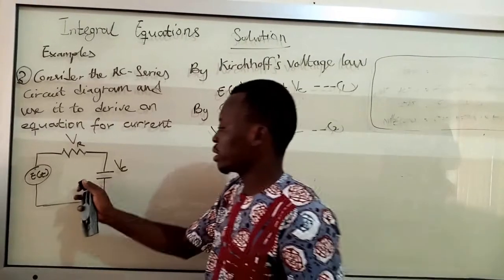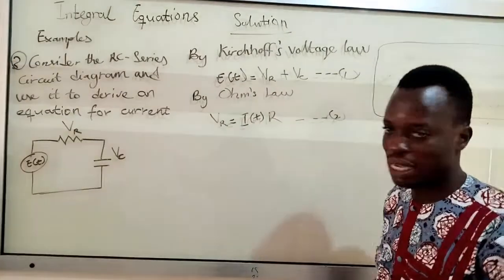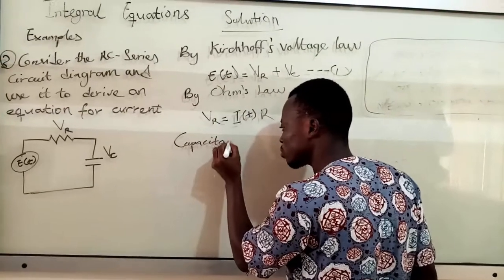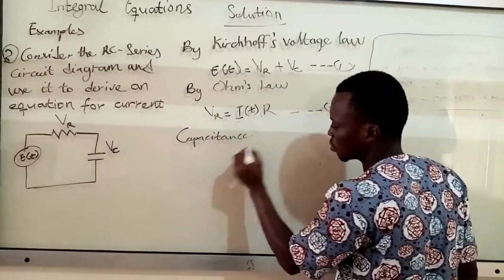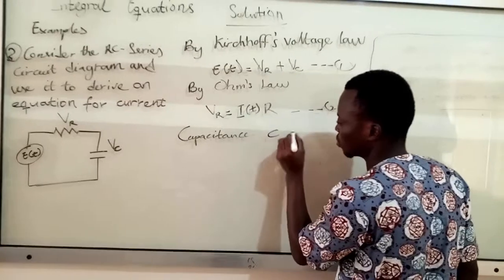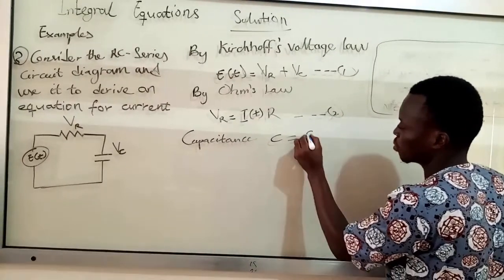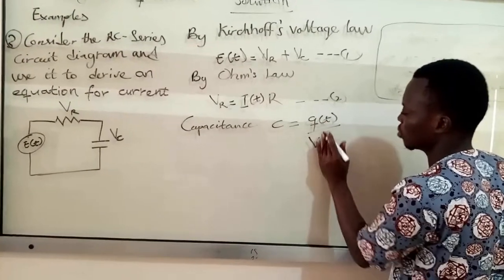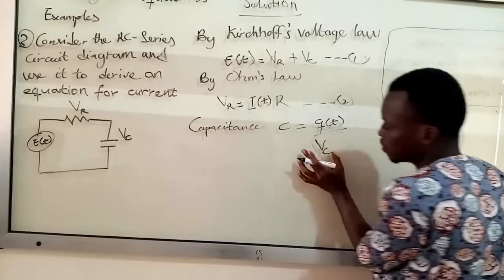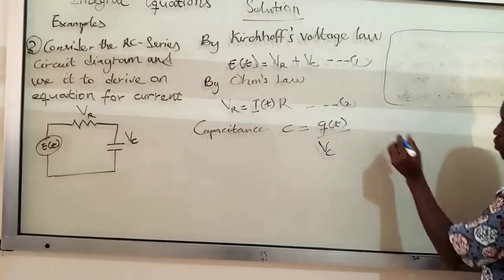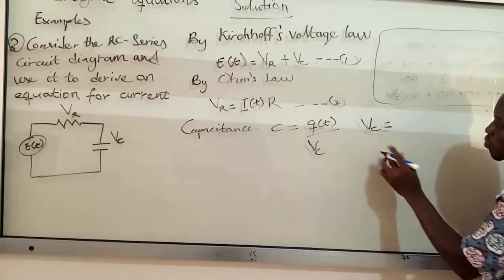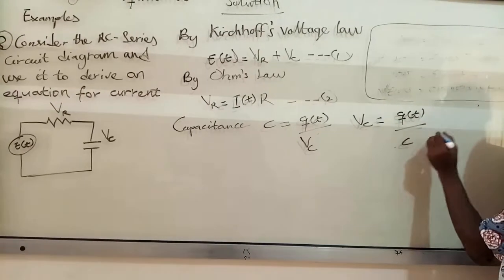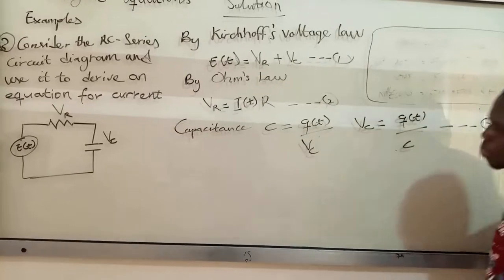Now this is a capacitor. Mathematically the capacitance is given, so we have our VC equal to Q of t over C. Let's name it our equation 3.